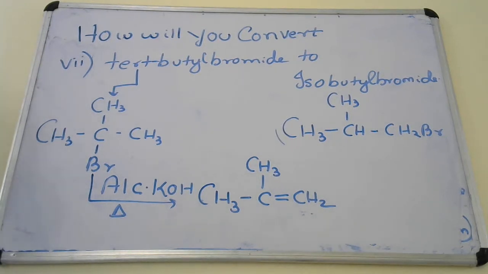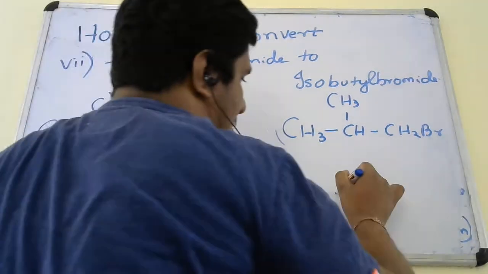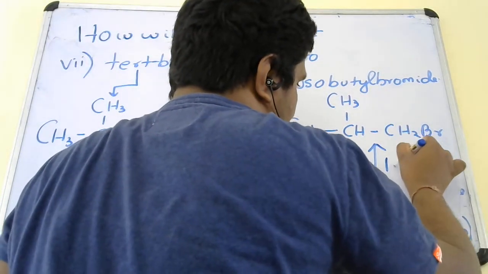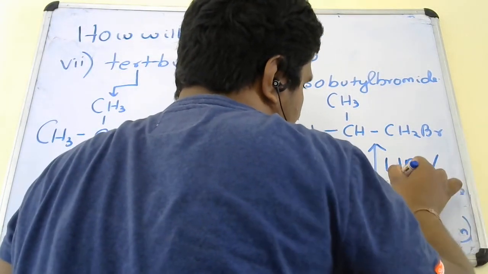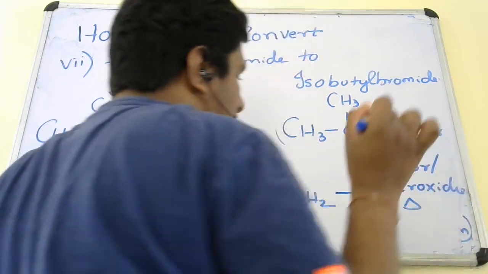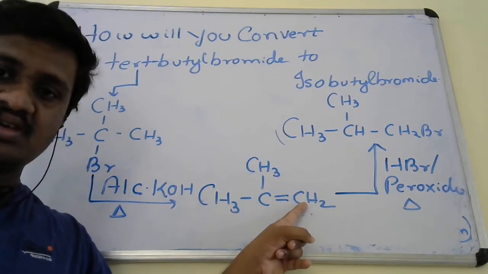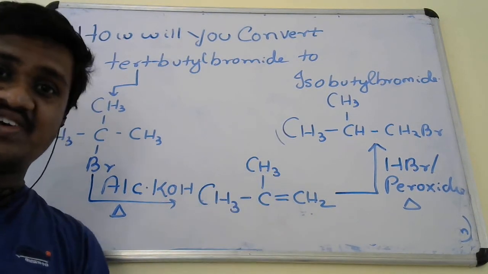Now to get this compound, obviously, yes, you are right: HBr, peroxide, heat, anti-Markovnikov effect, because we have to put bromine at this position. This has the higher number of hydrogens.